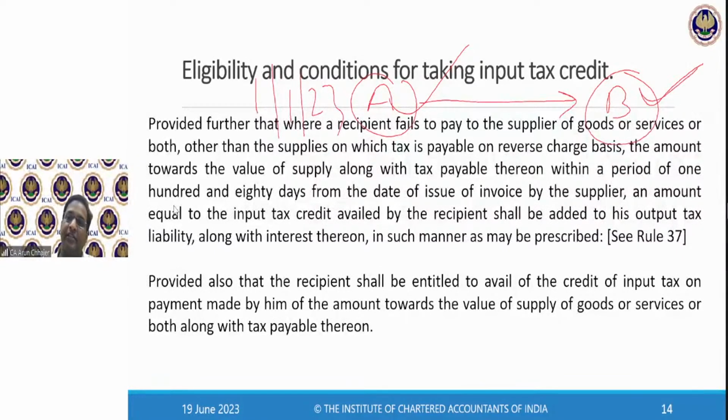So the transaction is appearing in the GSTR2B of Mr. B and he can take the ITC. For taking the ITC, whether payment is mandatory to A, by the customer to the supplier, whether payment is mandatory. Give me the answer.